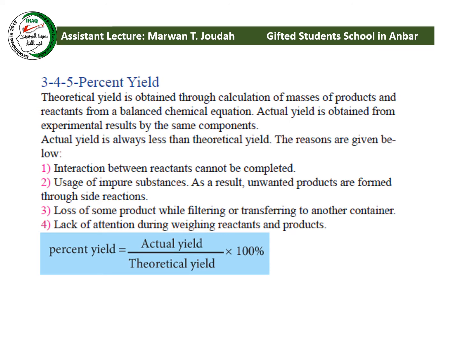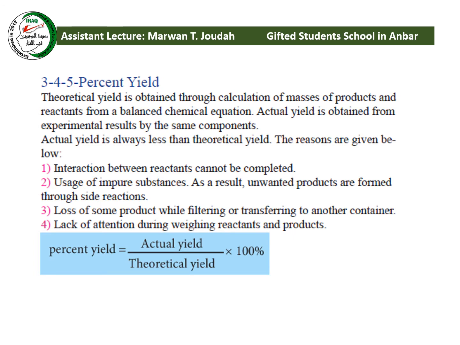I only made 3 grams, and when I wanted to sell it, I got only, let's say, $2,000. If we compare the $2,000 with the $200, it's a big loss. So the percent yield is really important for our synthesis.